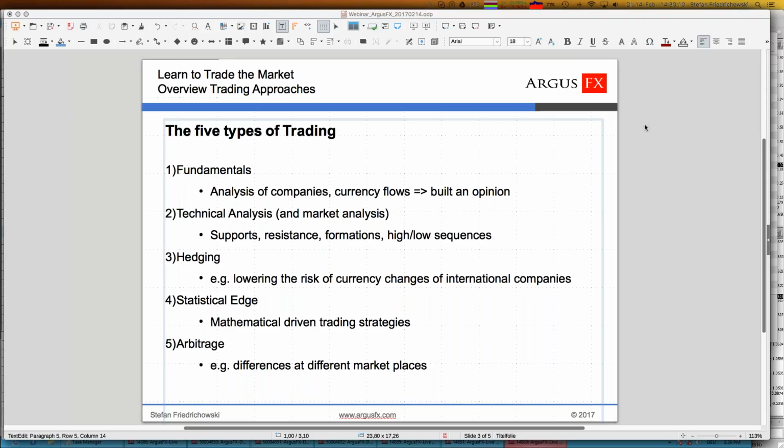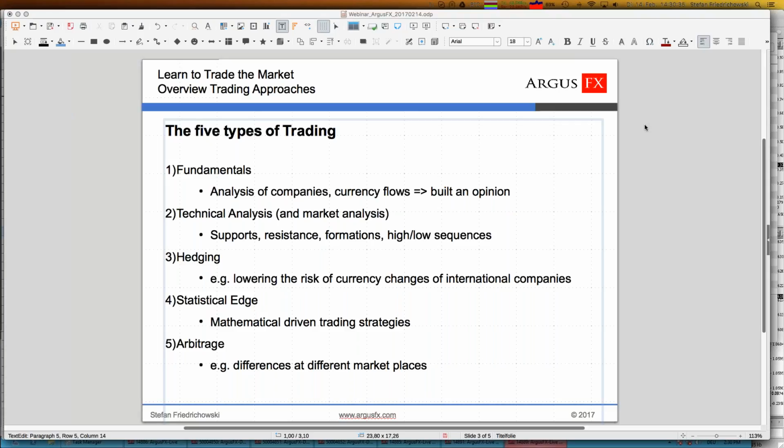Depends on what opinion you have. That would be a little bit like hedging as well on a private sector, but we keep that trading approach in mind because we have to know what the big players do, and those players have a lot to do with hedging.